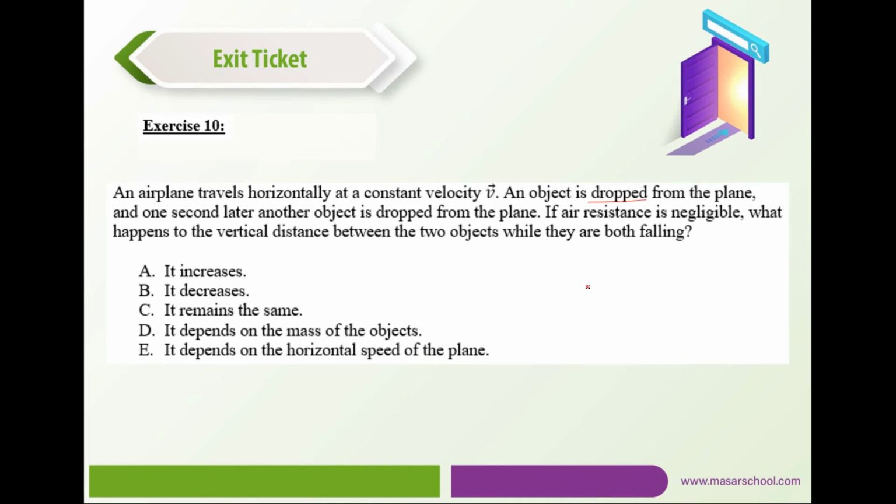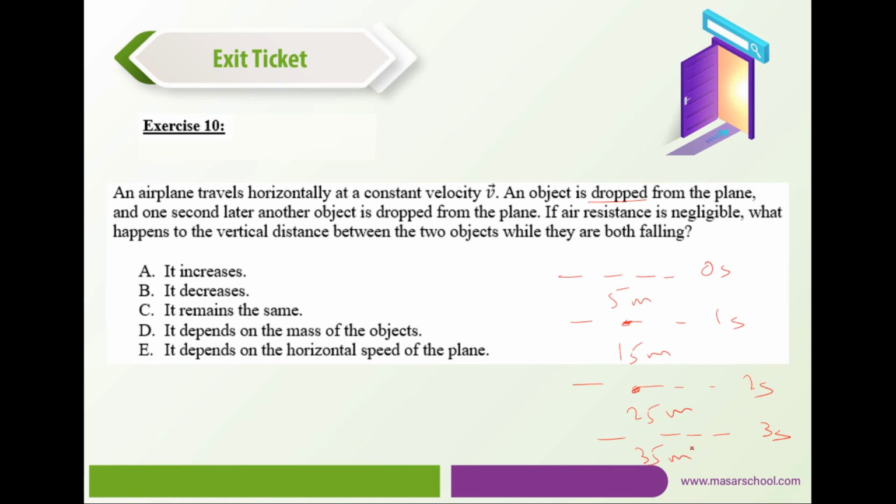However, now let's consider the slices of time. 0 second, 1 second, 2, 3. Since they are dropped after each other by a second, then they are separated by slices of time given by a second. This is 5, this is 15 meters, 25 meters, 35 meters.